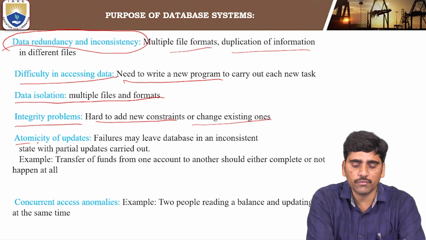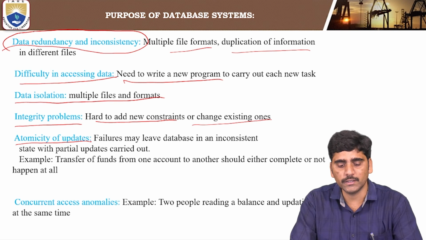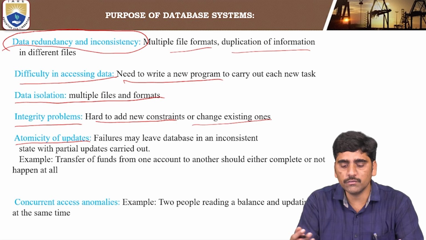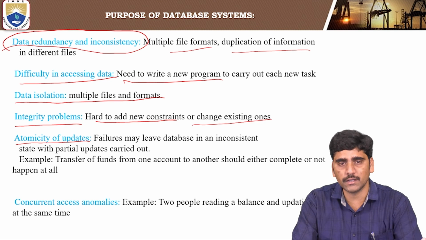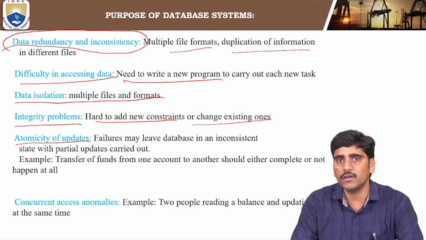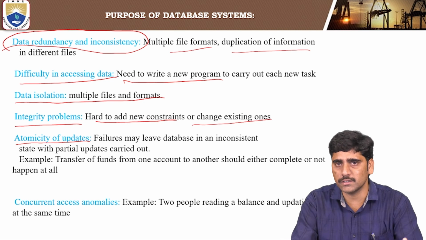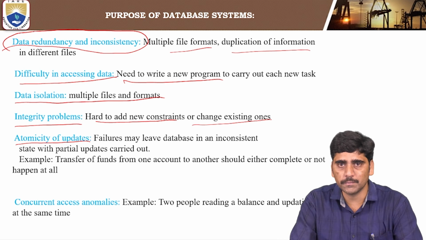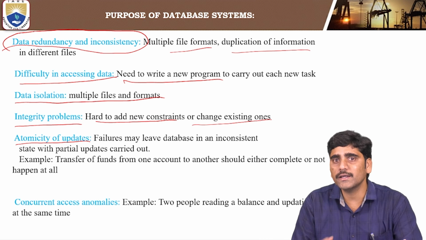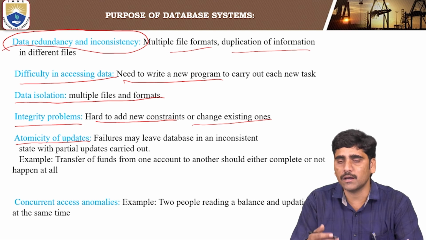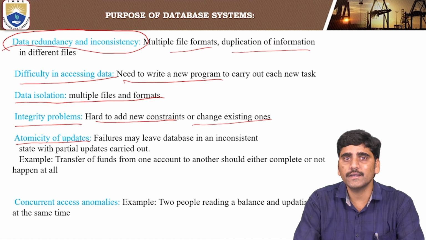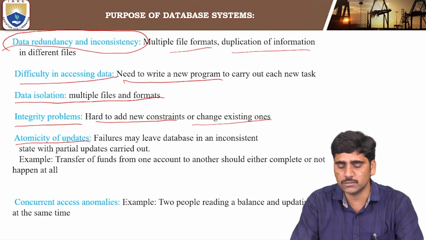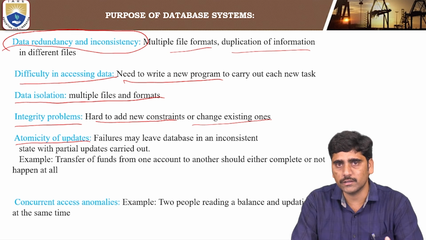And atomicity of updates. Failures may leave the database in an inconsistent state with partial updates carried out. If updates are not done properly, that will affect the current or future purpose. So updates are carried out in an easy way across different scenarios.